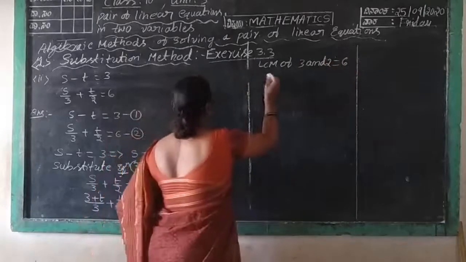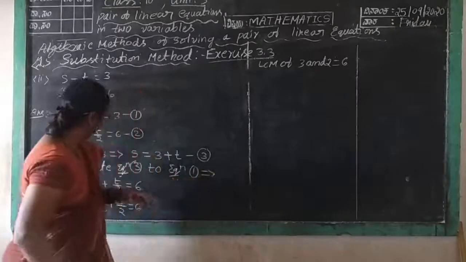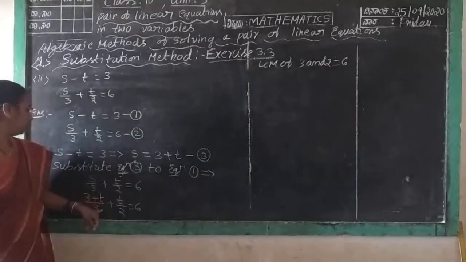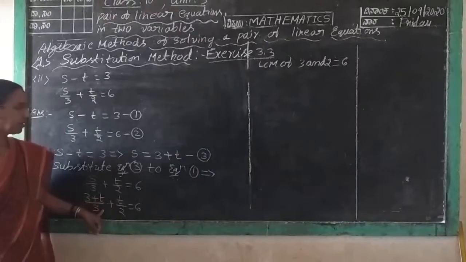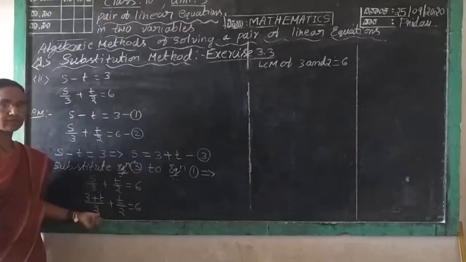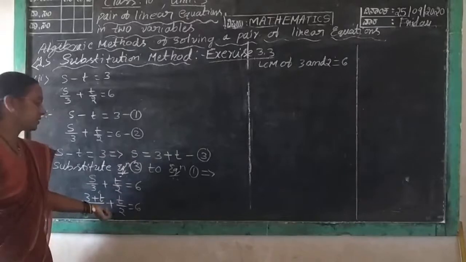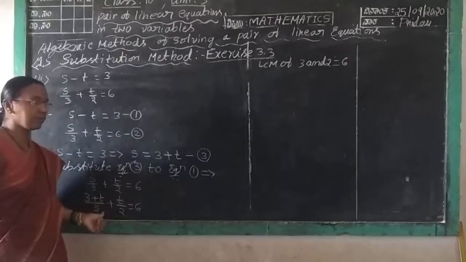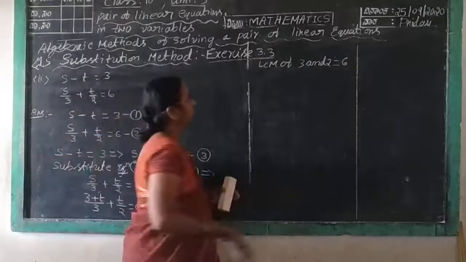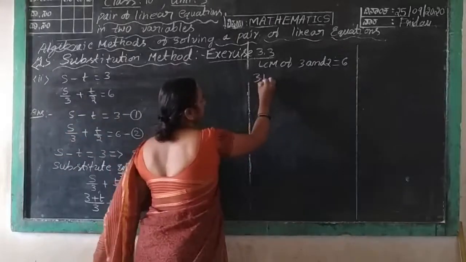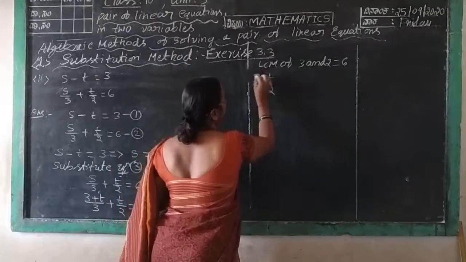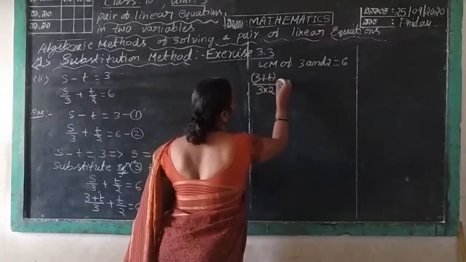Then we multiply the numerator and denominator by 2 because the LCM is 6. Here 3 is there, it is equal to 6. Then we multiply both the denominator and numerator by 2: 3 plus t by 3 into 2, that is multiplied by 2.